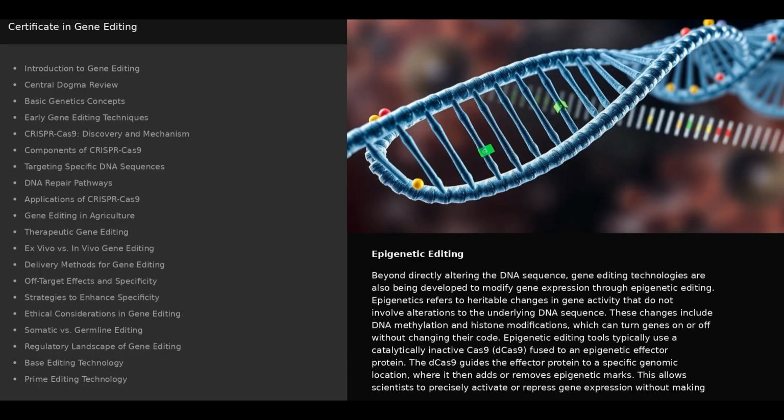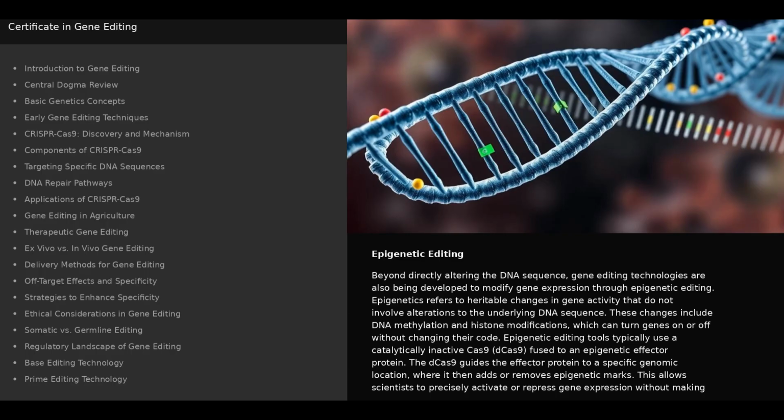Epigenetic editing tools typically use a catalytically inactive Cas9, dCas9, fused to an epigenetic effector protein. The dCas9 guides the effector protein to a specific genomic location, where it then adds or removes epigenetic marks. This allows scientists to precisely activate or repress gene expression without making permanent changes to the DNA sequence itself.